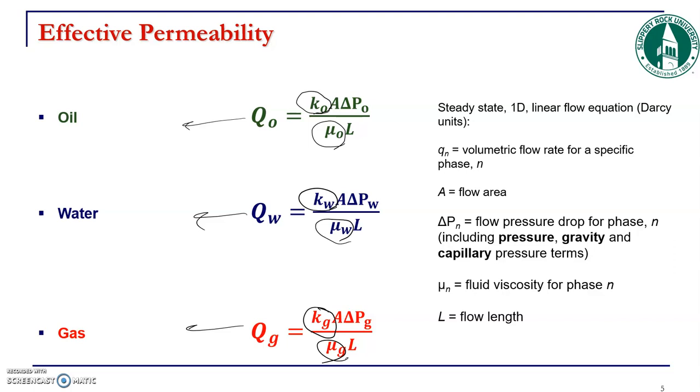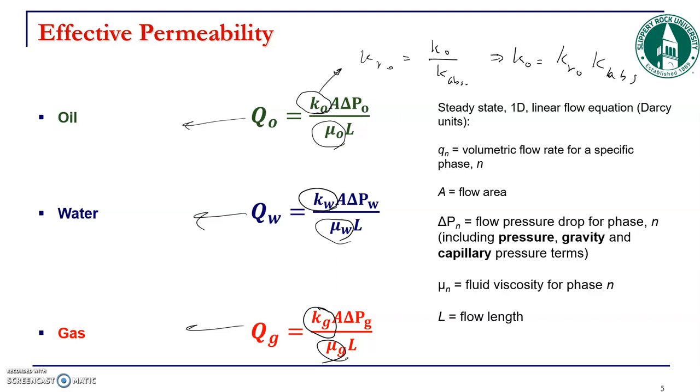Now, based on the definition of relative permeability, the relative permeability of oil was equal to effective permeability of oil divided by absolute permeability, right? So effective permeability of the oil in that case would be KRO multiplied by absolute permeability.